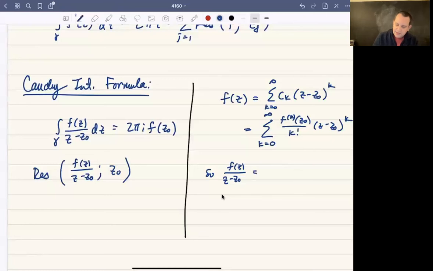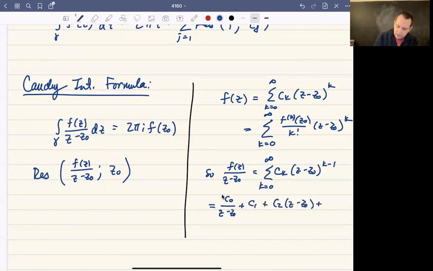This is going to be the sum from 0 to infinity. Let's just work with the c sub k version, but this is c sub k, z minus z naught to the k minus 1. And so if you write out what this is going to be, c0 over z minus z naught plus c1 plus c2 times z minus z naught plus c3 times z minus z naught squared, and so on. Okay, and so that's the formula that we're going to have there.